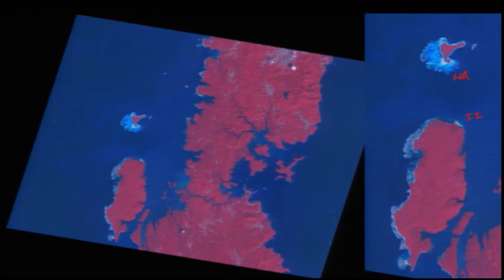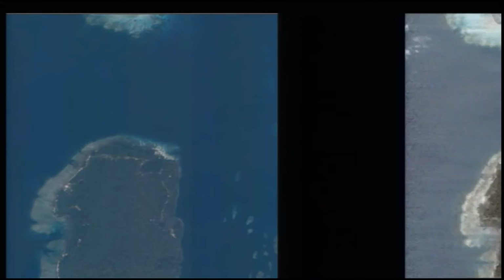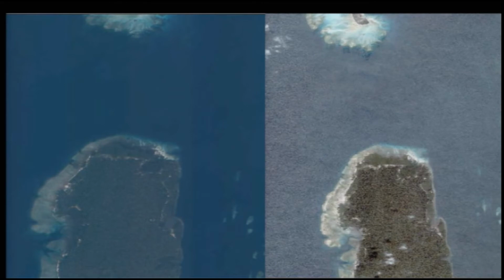What we see here is the emergence of the coast, and this emergence is well revealed by the upliftment of the coral microatolls or coral reef on this island. So this was the image taken before, and this was after, which clearly indicates the area was uplifted due to the 2004 Sumatra Andaman earthquake.